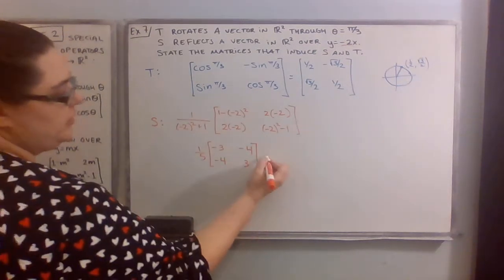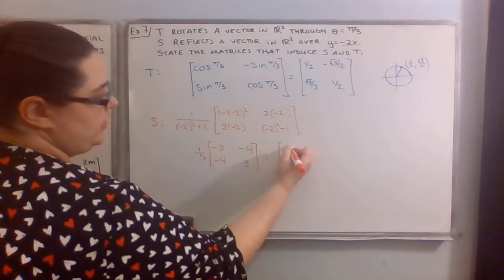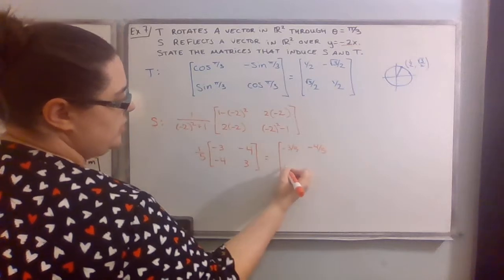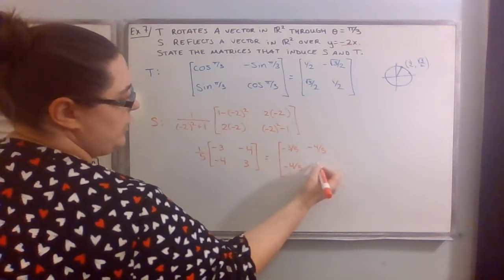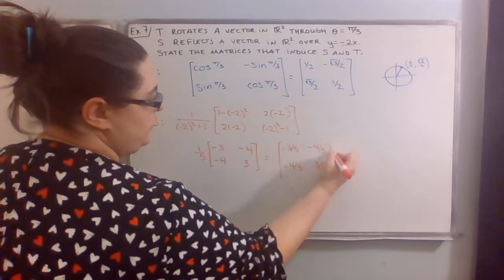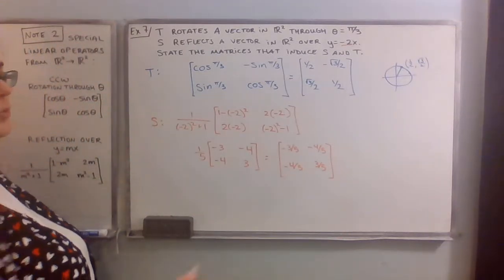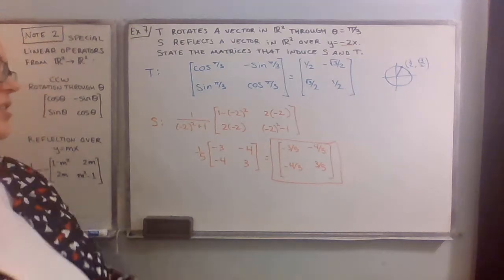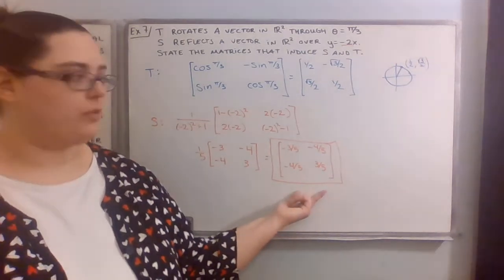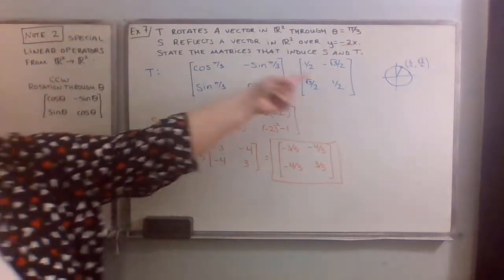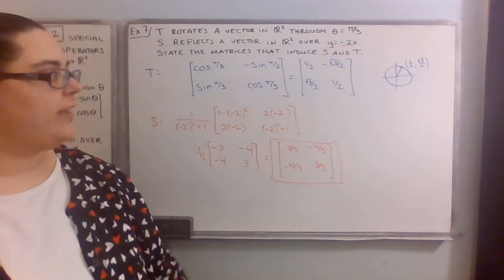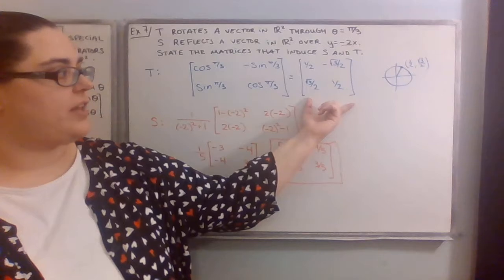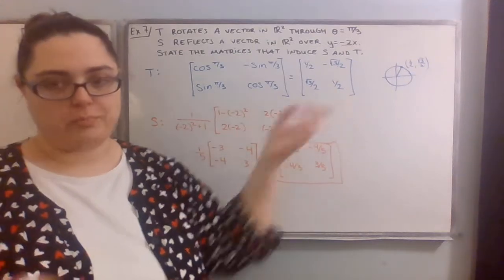So we end up getting negative 3/5, negative 4/5, negative 4/5, and 3/5. This would be our final answer. This is the matrix that induces the reflection over the line y equals negative 2x. And this other matrix would be our answer for T, the matrix that induces the rotation through pi thirds.